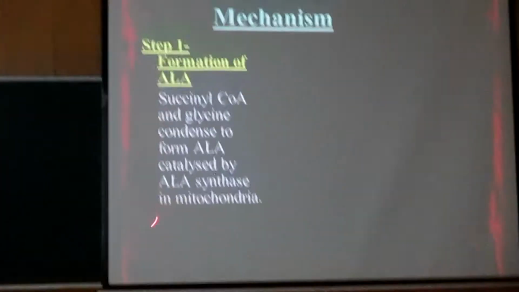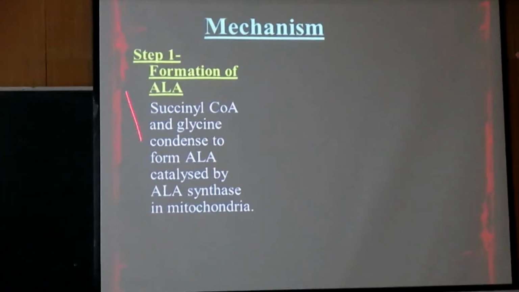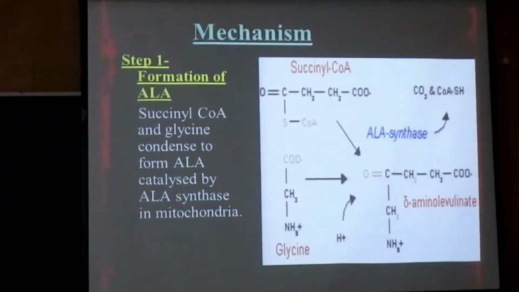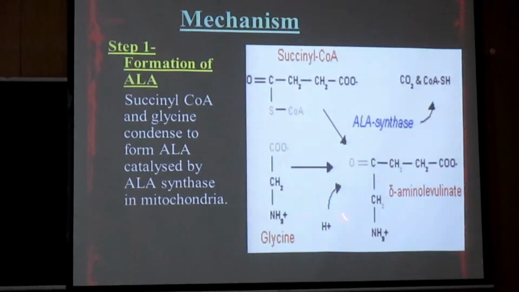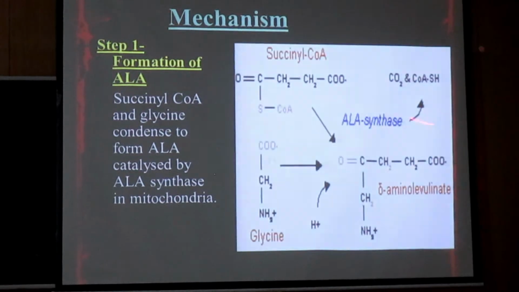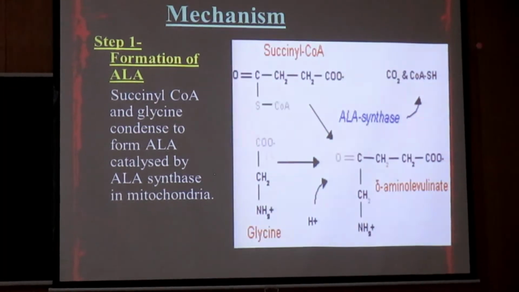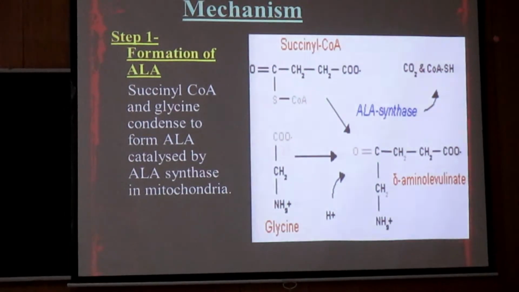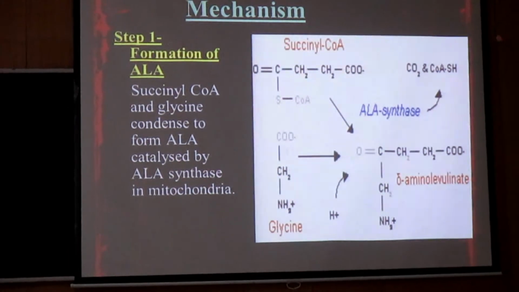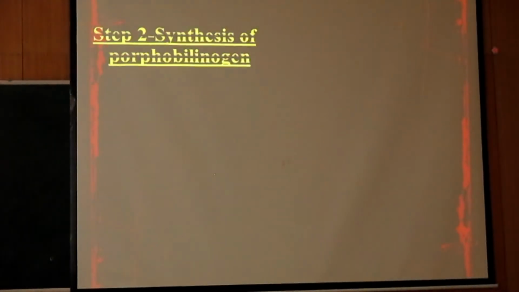It forms delta aminolevulinic acid in the presence of ALA synthase. This reaction occurs in mitochondria. The condensation of succinyl CoA with glycine gives delta aminolevulinic acid in the presence of the enzyme ALA synthase. This is the main key enzyme, and the whole heme synthesis is regulated by this enzyme.